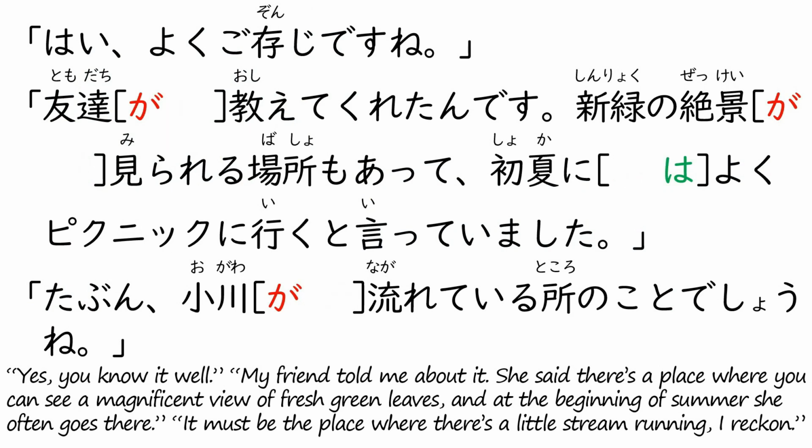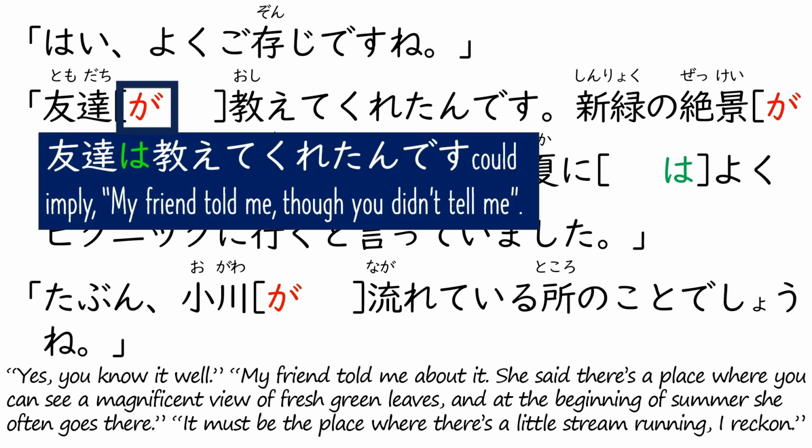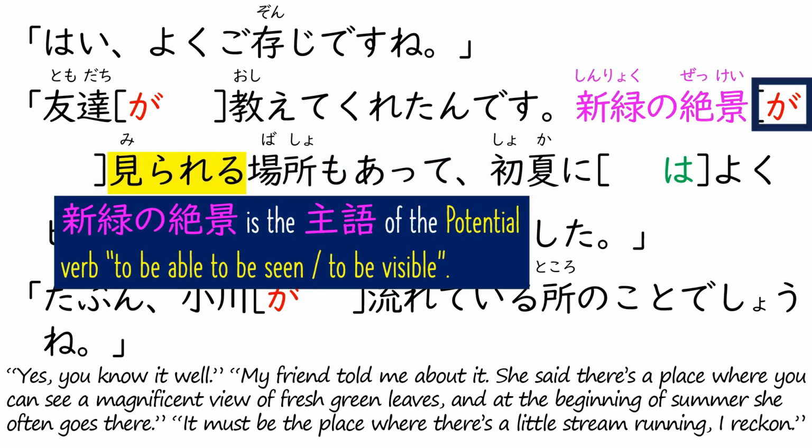はい、よくご存知ですね。友達が教えてくれたんです。新緑の絶景が見られる場所もあって、初夏にはよくピクニックに行くと言っていました。多分、小川が流れているところのことでしょうね。What particle could imply, you didn't tell me. 新緑の絶景 is the 主語 of the potential verb to be able to be seen or to be visible.